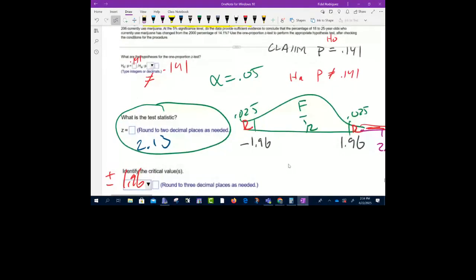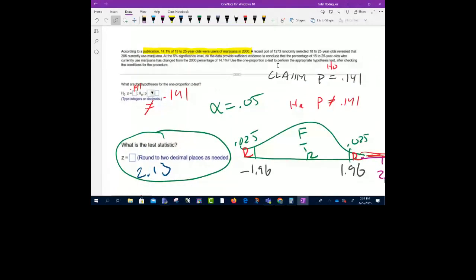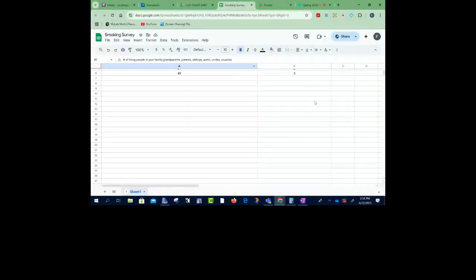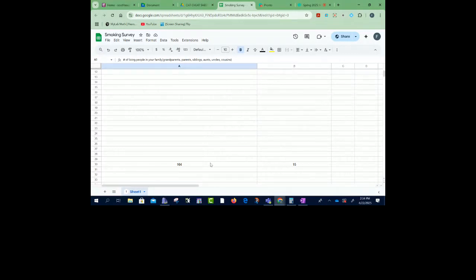I want y'all to look at something here. Like in this question, do you see how it says in a random poll of 1273, that's my N, right? And there were 206. That's my X, right? This is what we're going to do on Thursday, y'all. Right now, what is my N?